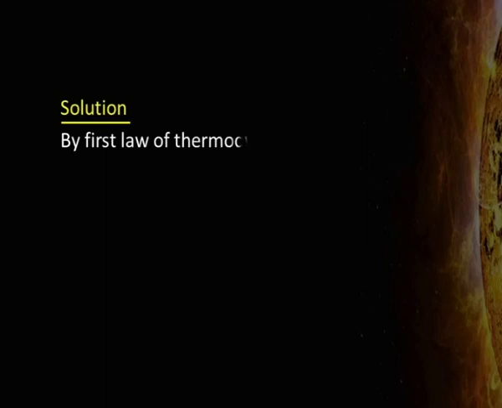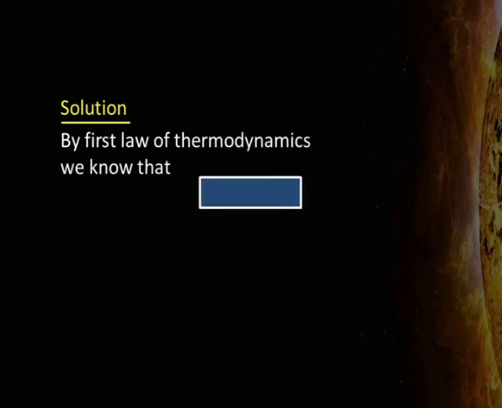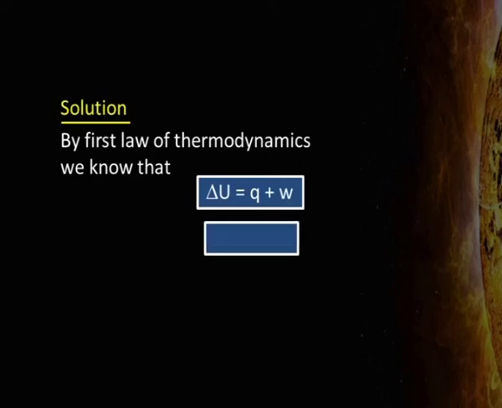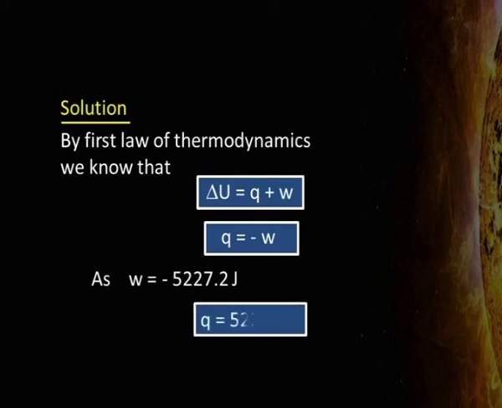By first law of thermodynamics, we know that delta U is equal to Q plus W, or we can say that Q is equal to minus W. As W is minus 5227.2 joules, hence Q will be equal to plus 5227.2 joules.